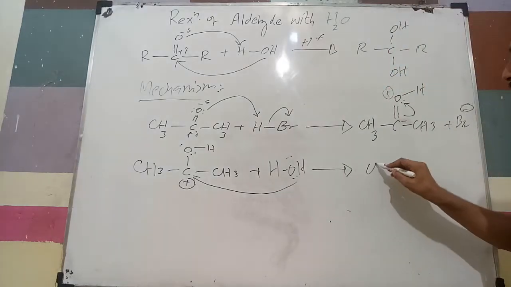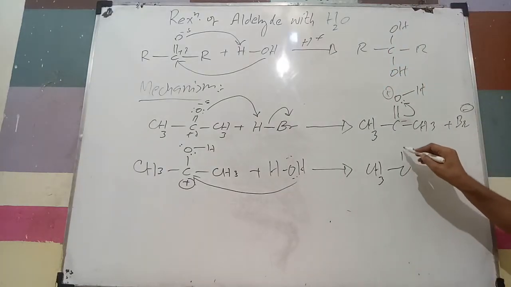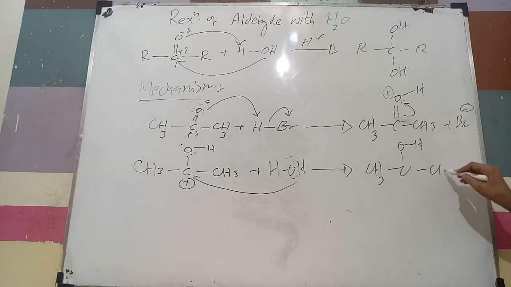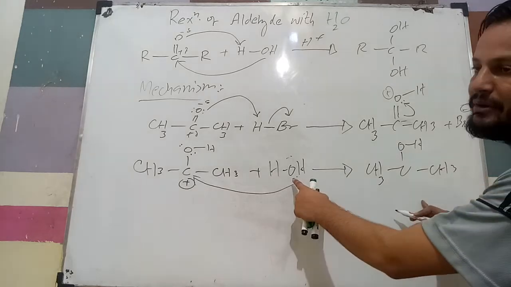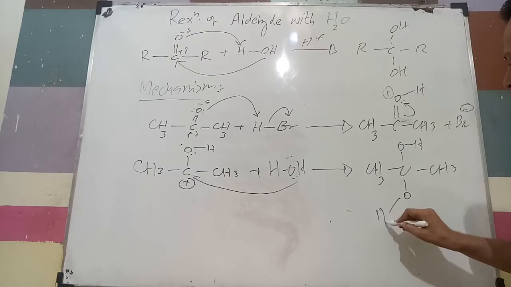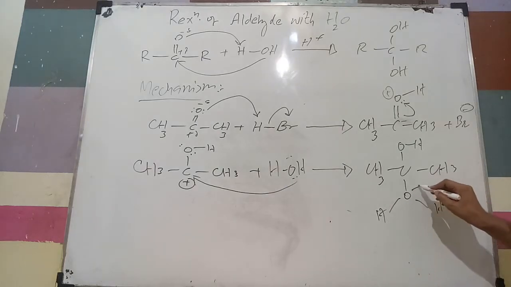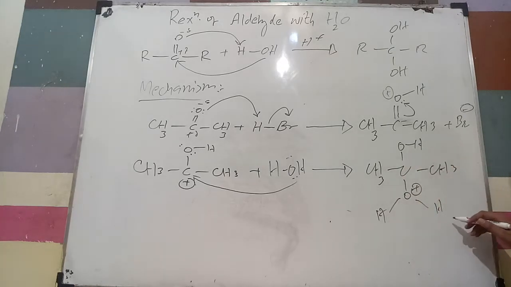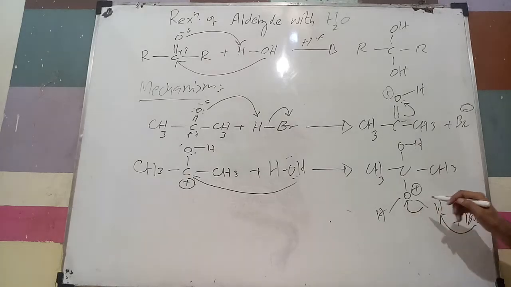So we have CH3, OH remaining as it is, CH3 as it is, the attacking element is oxygen, so oxygen, hydrogen, hydrogen. Again we have a positive charge on this oxygen. Now we have bromide ion. Bromide ion will take this hydrogen and this pair will shift over this oxygen.